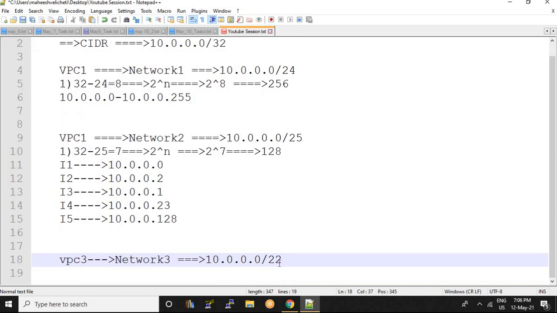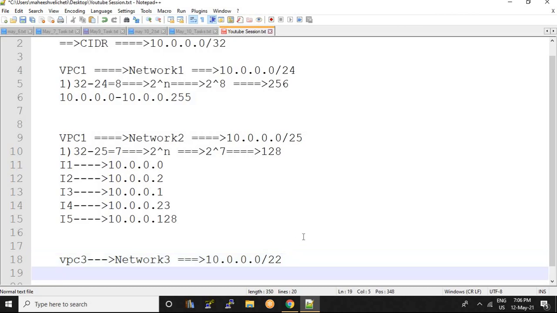Okay. Remember one thing, whenever this value is increasing, the number of IPs will get decreased, and whenever this number is decreasing, the number of IPs will get increased. Okay.